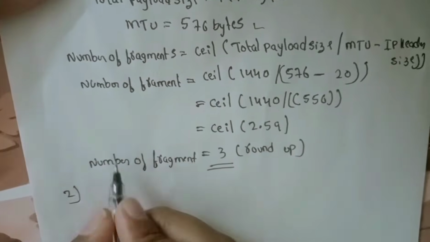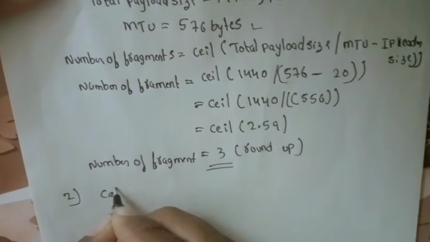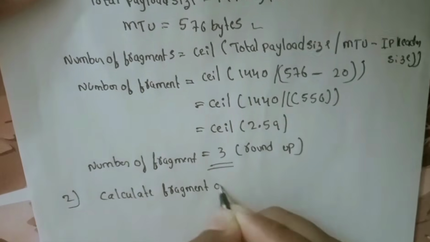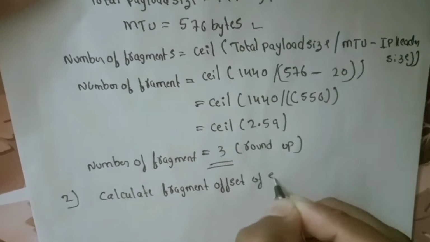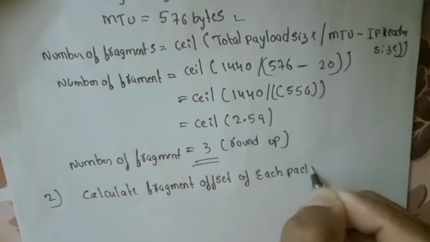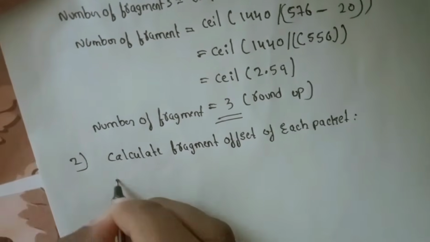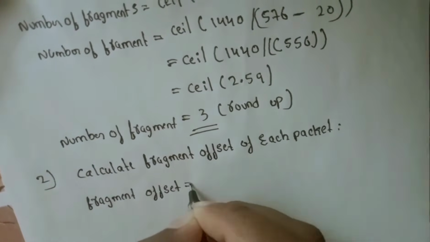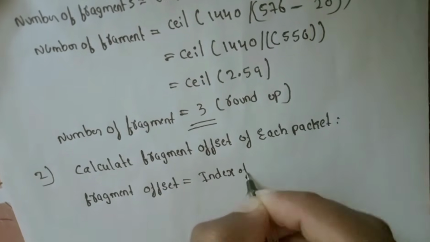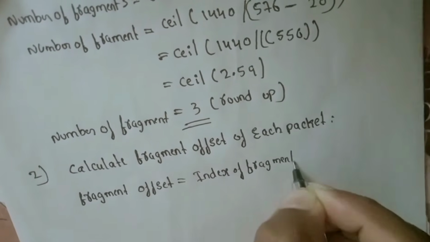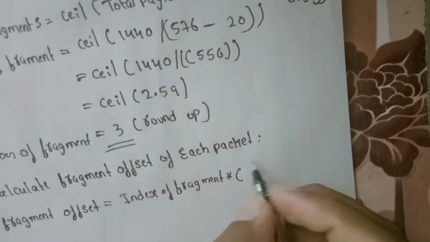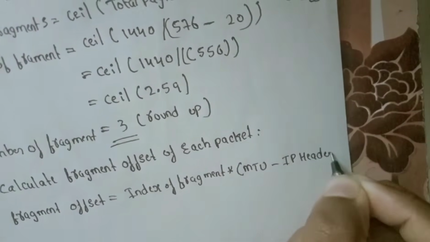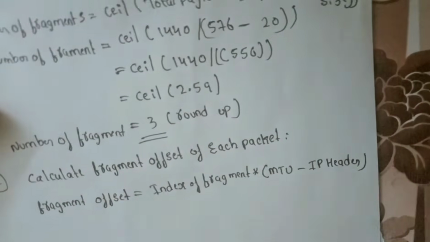Next, we need to calculate the fragment offset of each packet. The formula for that is: fragment offset is equal to index of fragment times MTU minus IP header size.